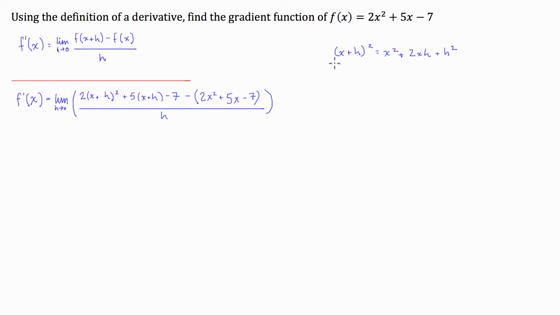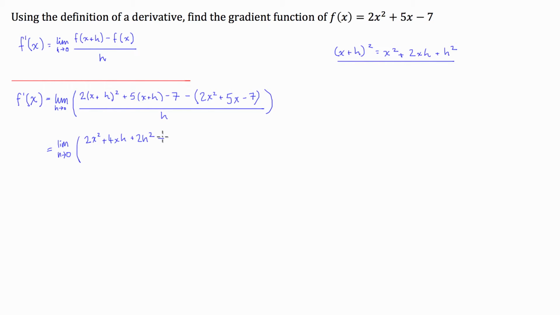So this is what that initial expansion is. So what we're going to do is use that little piece of information, and we're going to get the limit as h approaches 0 of, we're going to have 2 times that. So what do we have? We have 2x squared plus 4xh plus 2h squared.